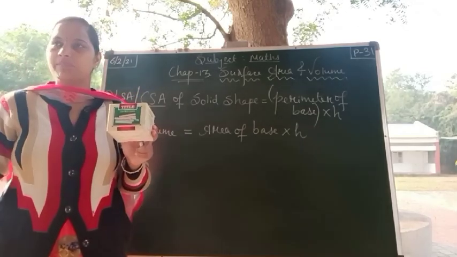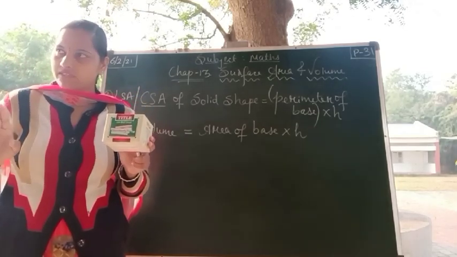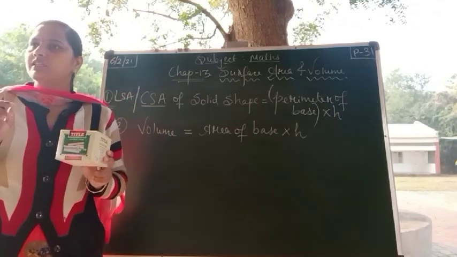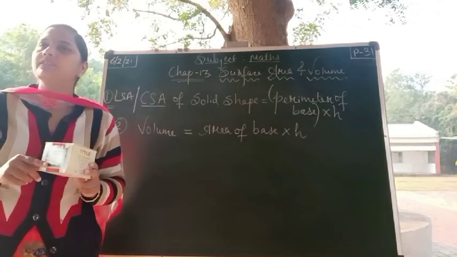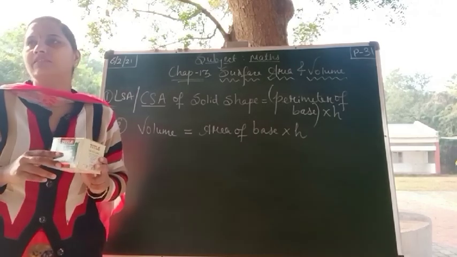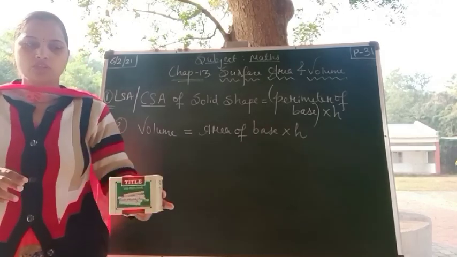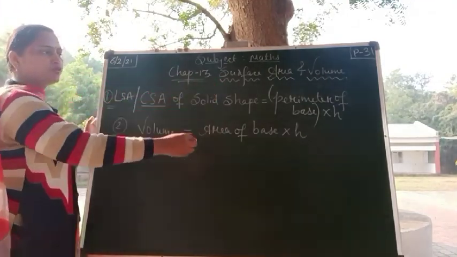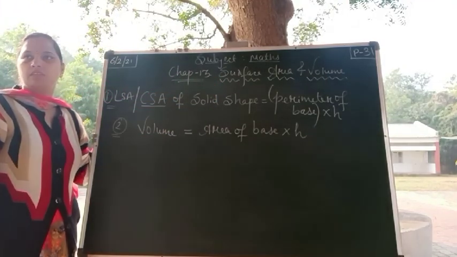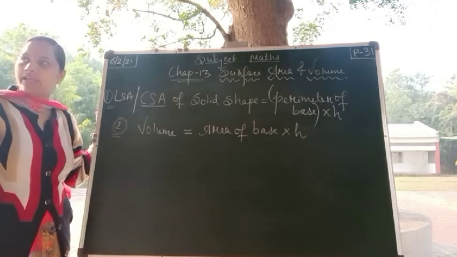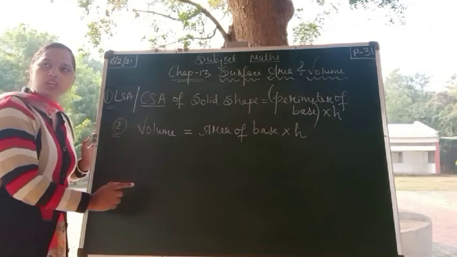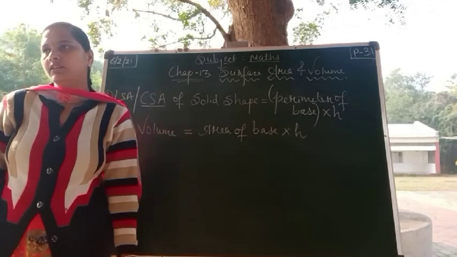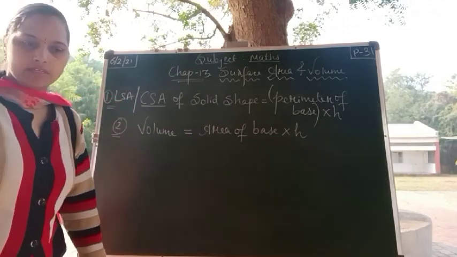The concept is the same. Only the difference is what? If the surface is curved, it is known as curved surface area. If the surface has sides, lateral surface area. Now clear? So for curved surface area or lateral surface area, I am going to use the formula perimeter of base into height. And to find out the volume of solid shapes, I will use the formula area of base into height. Written? Yes, ma'am. Let us start.